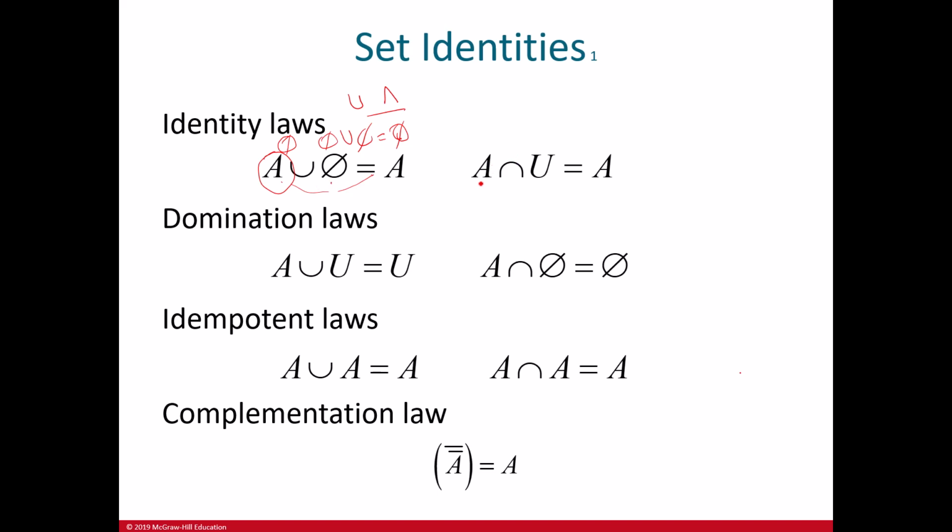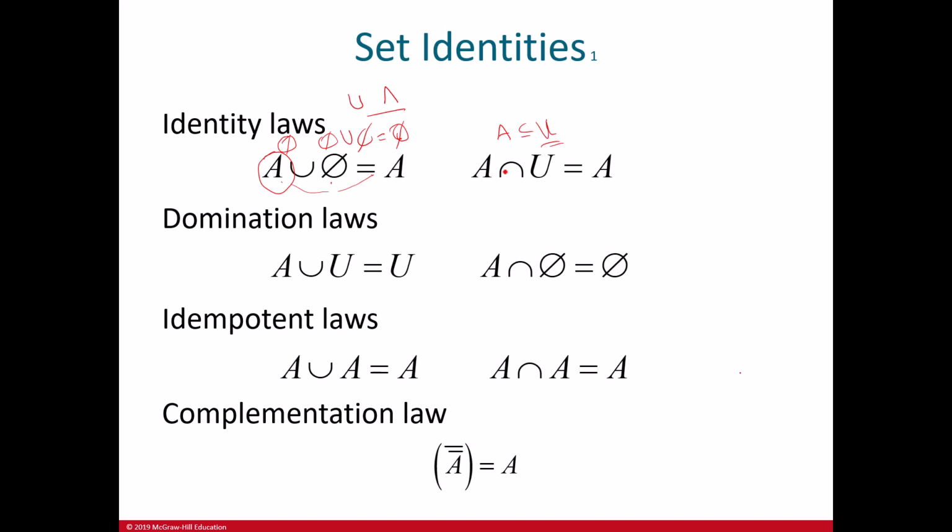All right, and another identity here is the intersection, the common elements between some set and the universal set. We know that given any universe, this is the universal set, then that set must be a subset of U. So U is the biggest one.